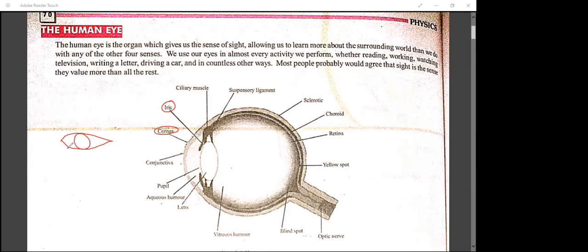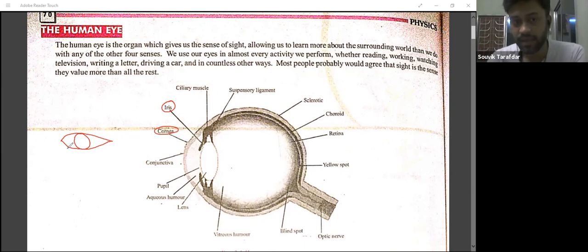So let me tell you what it depends on. Whatever the color of our iris, that depends on the pigmentation. Whatever the pigmentation, accordingly the color of our iris gets fixed. Like suppose my color is brown, someone is white, someone is black.